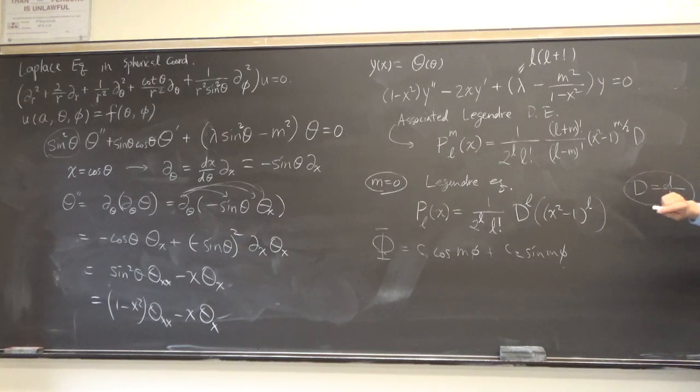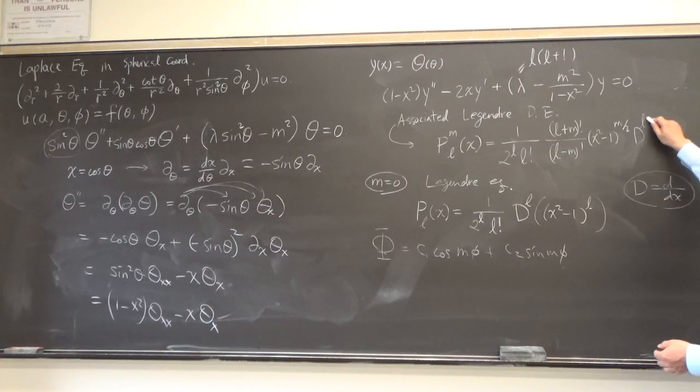Again, differentiate L times of, I thought I remembered this. I have to look it up. Yeah. L plus m, and then x squared minus 1 to the Lth power. That's also called Rodrigues formula.